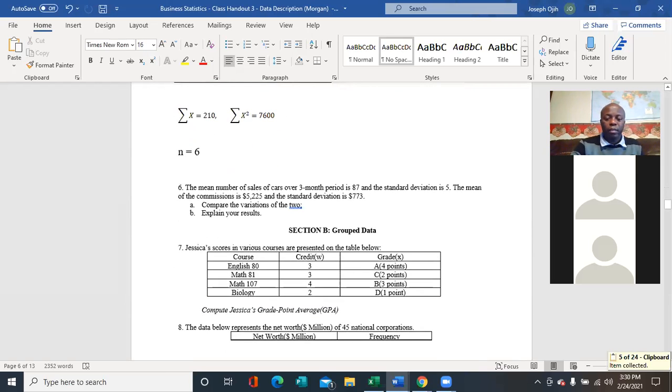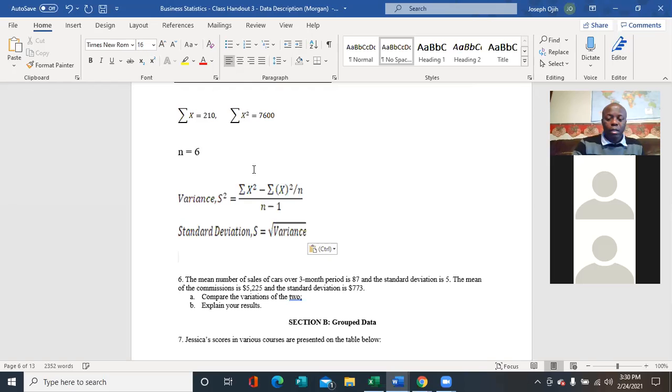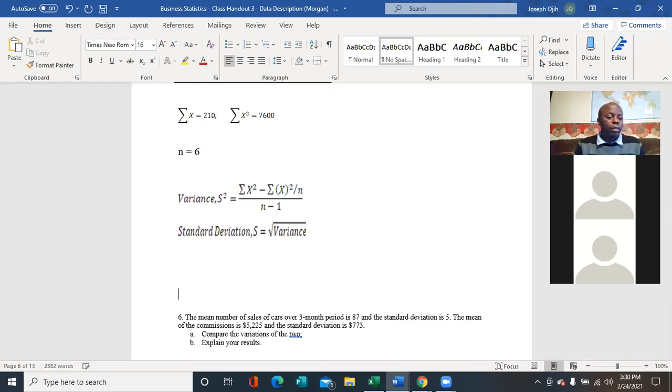I'll put the formulas here, and then write it down in formula form, put numbers in, and then we calculate it.